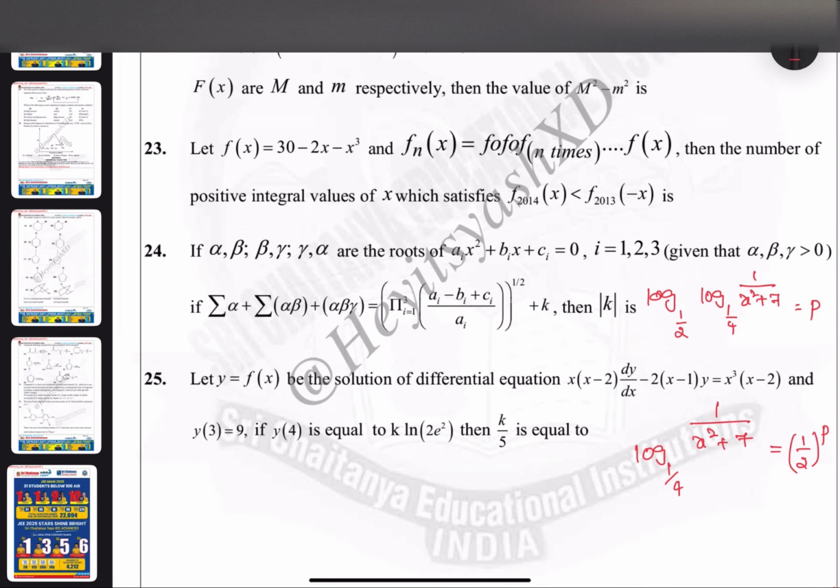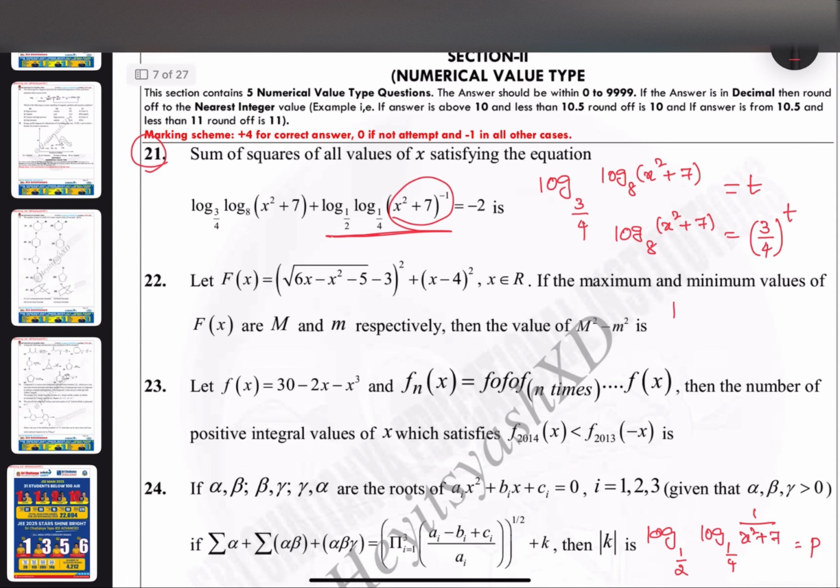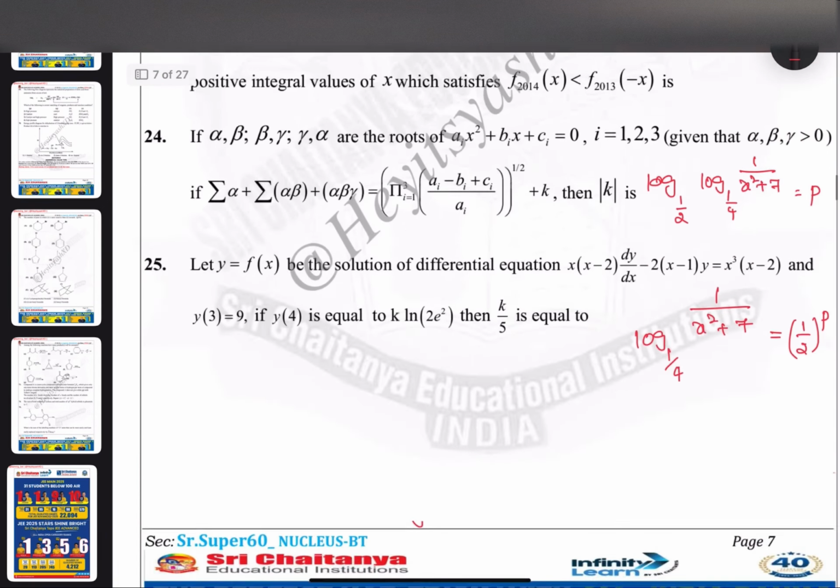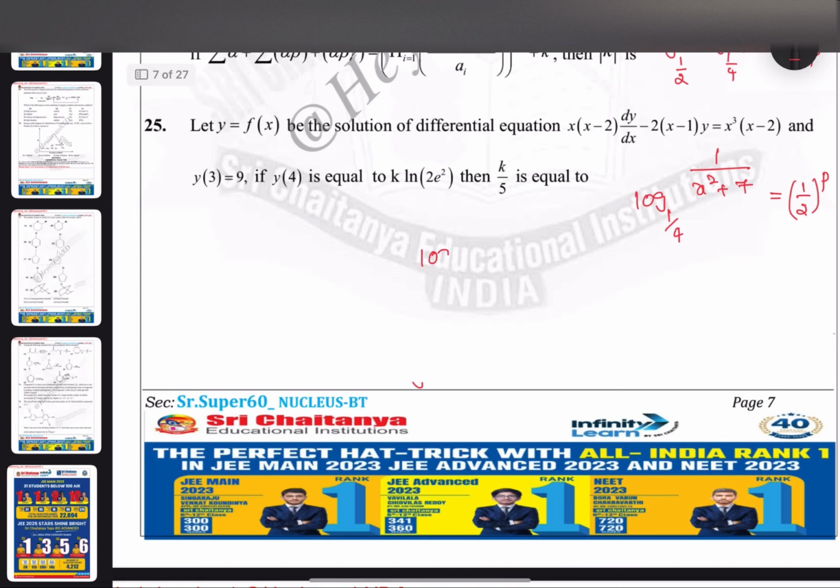Now we'll do something. This can be written as log of x square plus 7 divided by log 8 is equal to 3 by 4 whole power t. And here you can write log of 1 by x square plus 7 divided by log of 1 by 4 is equal to 1 by 2 whole power p.